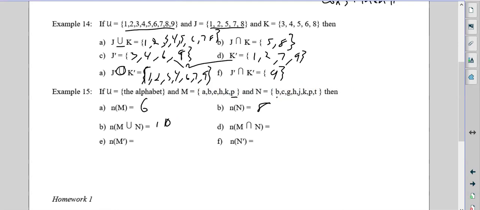Now, the number of the intersection of M and N. What's common? We said there was B in both of them, K in both of them, P in both of them, and H in both of them. So that means there are 4 common to both.